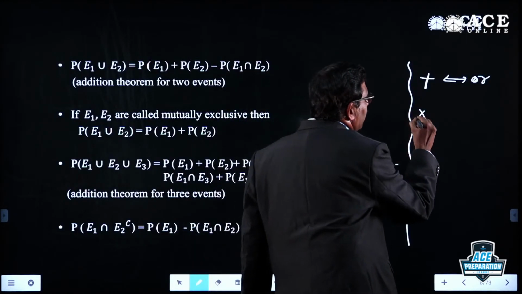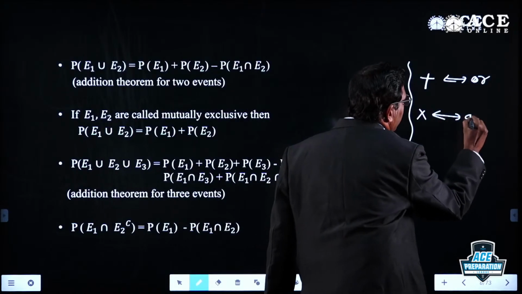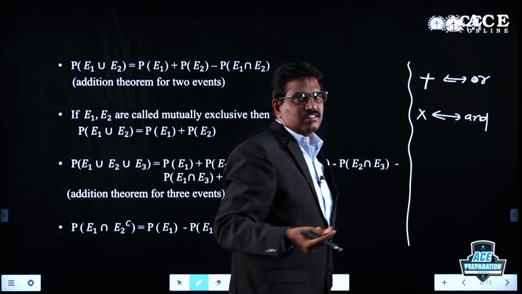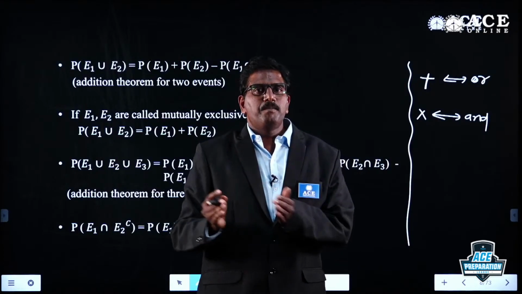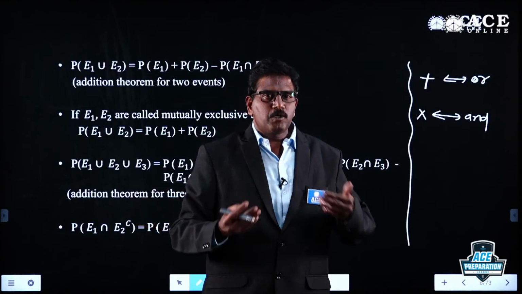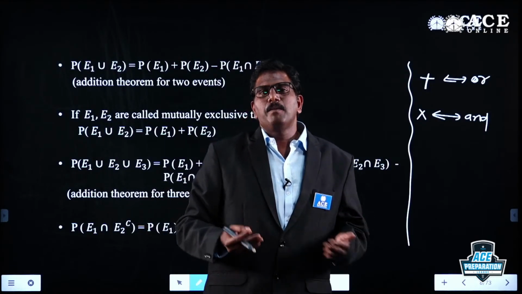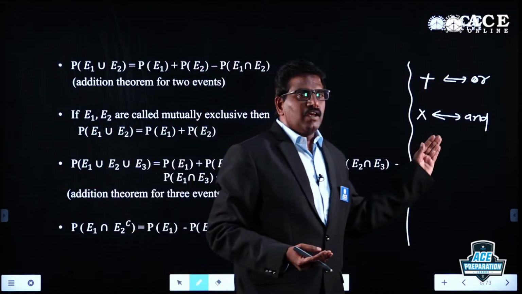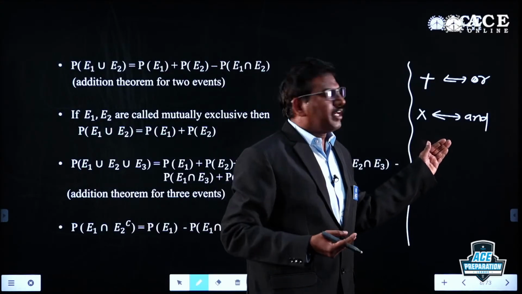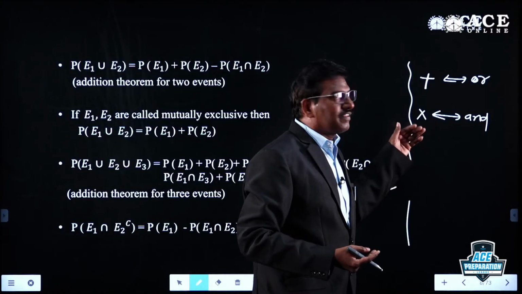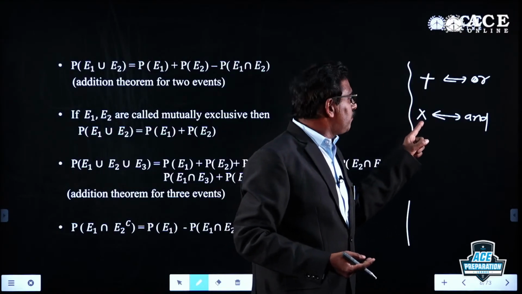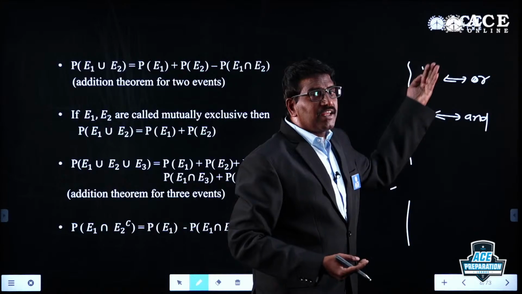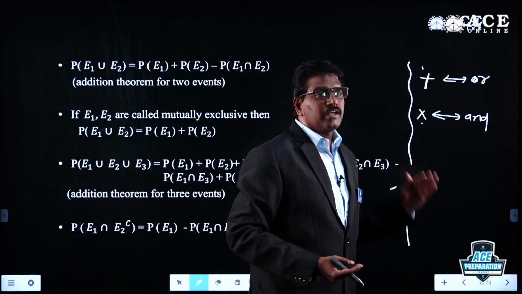Product means generally AND operation. AND means you are continuing the task. A and B work: A has to do, and B has to do. In that case, because A and B both together have to do the work, I will follow the product operation. Either A or B, in that case, I will take the plus operation.